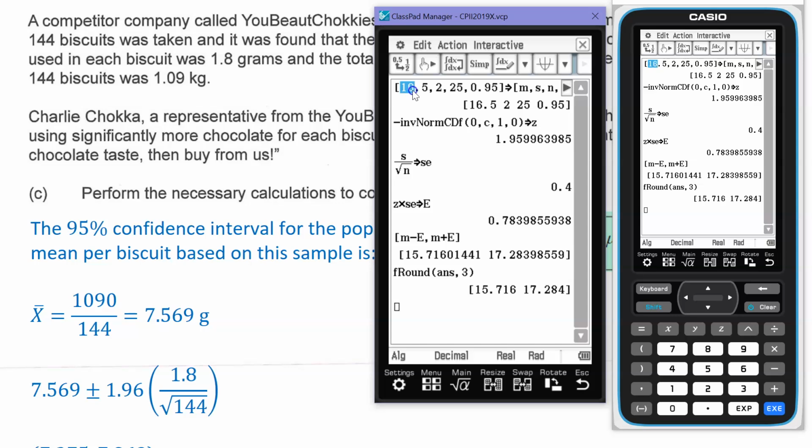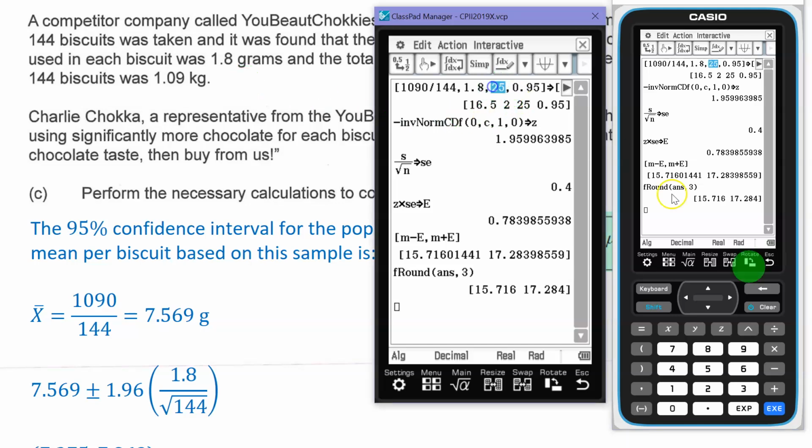So the sample mean here was 1090 divided by 144, which we might need to come back to. The standard deviation here is 1.8 grams, and we're using the sample mean to estimate the population mean.